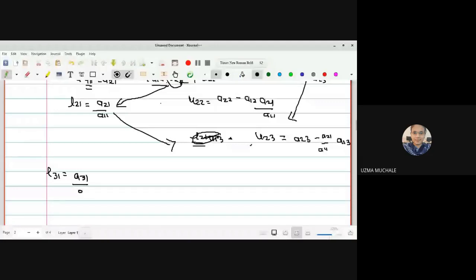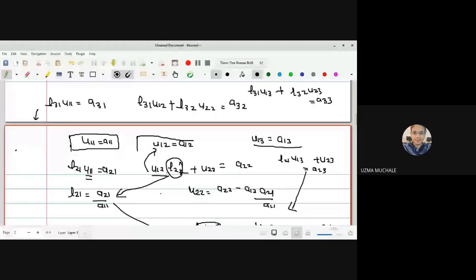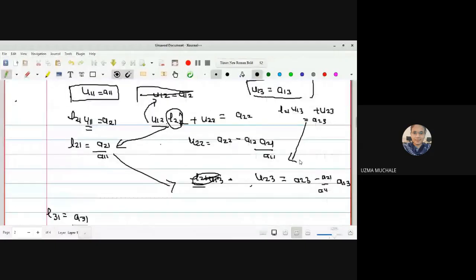Make a bracket so that you can have an idea of what values we are getting. This L21 we have got. Since the values of Aij we know, that's why we are finding the values of those terms in terms of Aij.